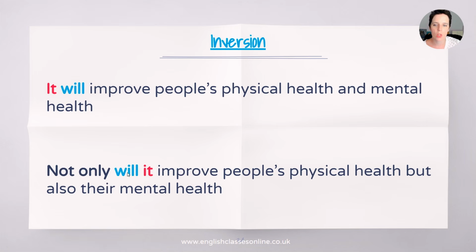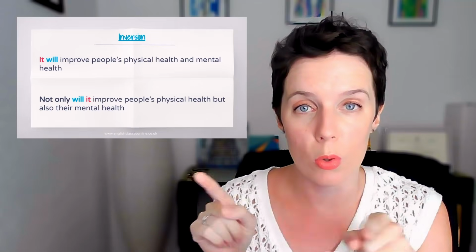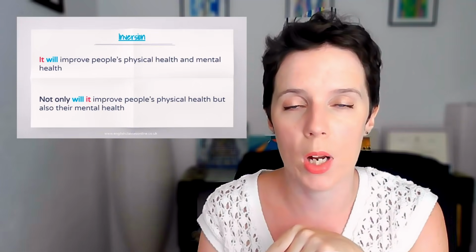And then you can see that your auxiliary and your subject have changed places. So instead of having it will, we have will it. Not only will it improve people's physical health, but also their mental health. Okay. So this is not a question, it's still a statement, even though your auxiliary and subject are switched around.